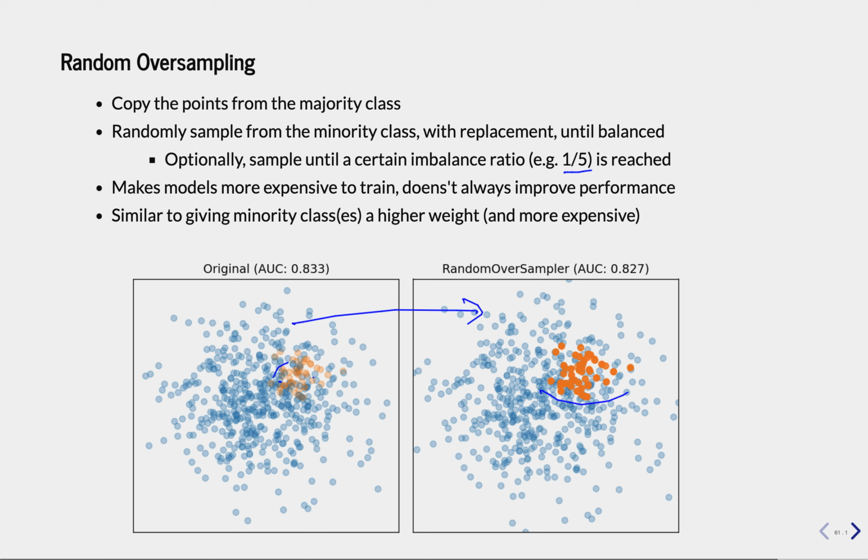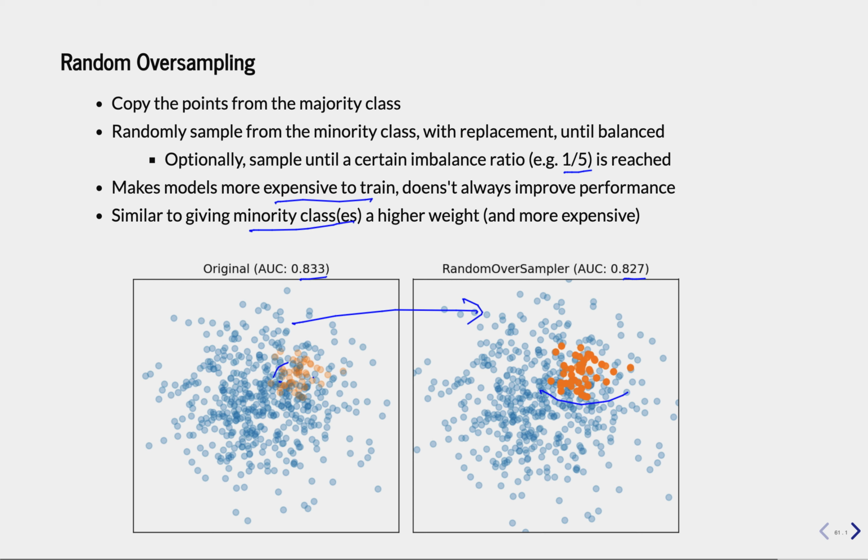One downside of this is that this makes the model more expensive to train, right? Because you have possibly many more data points, while it may not always actually improve performance. So here it actually goes down a tiny little bit. And also, this is very similar to giving the minority class a higher weight with class weighting.